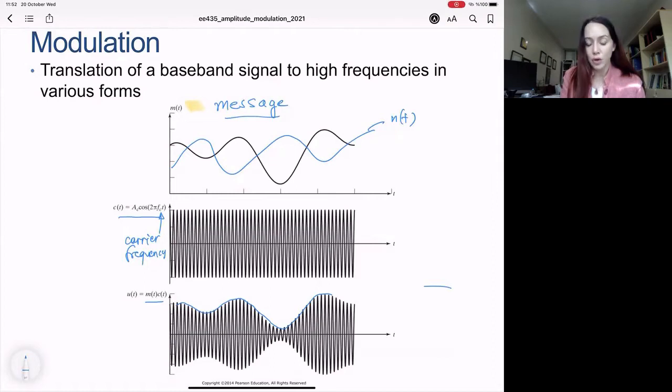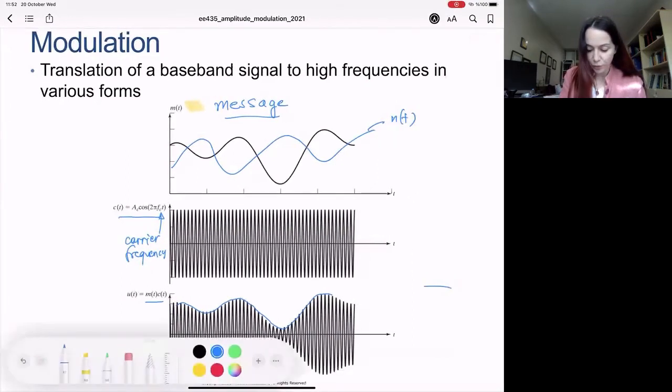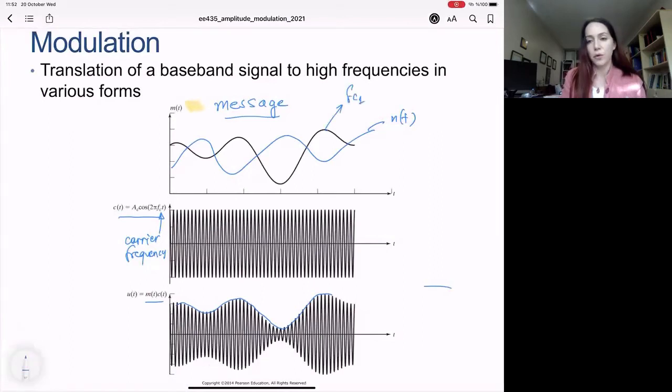However, we will show that if you use different carrier frequencies, for example, use FC1 for this one and use FC2 for the other one, and if FC1 and FC2 are sufficiently distant from each other, the two messages will be modulated and sent together, and we will be able to decode them separately.